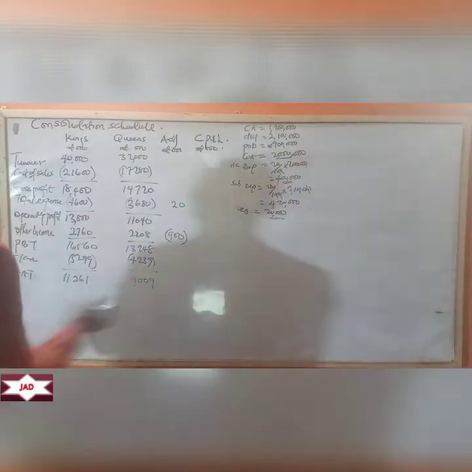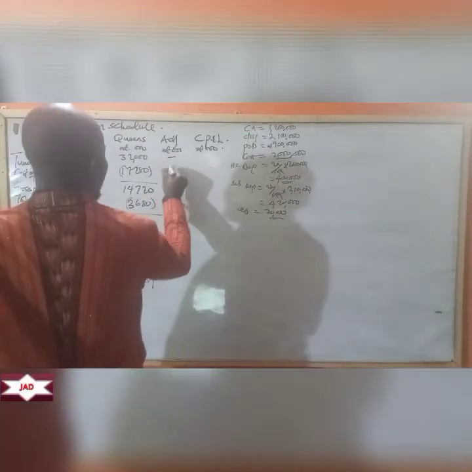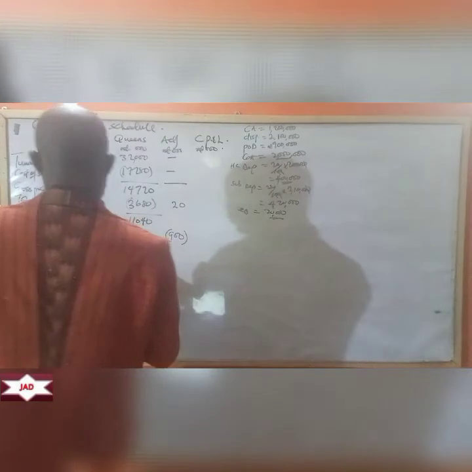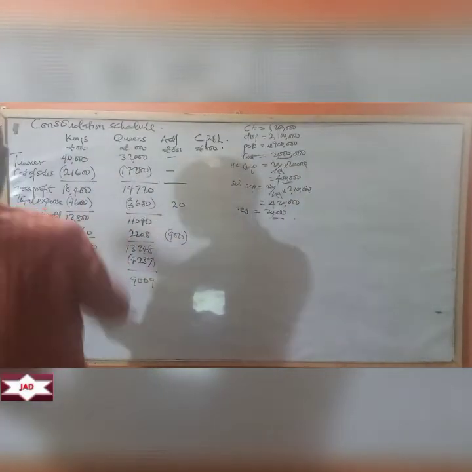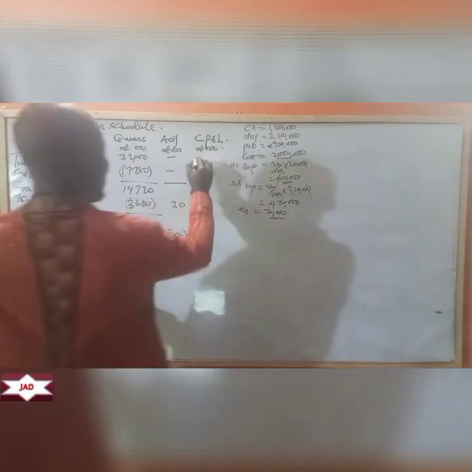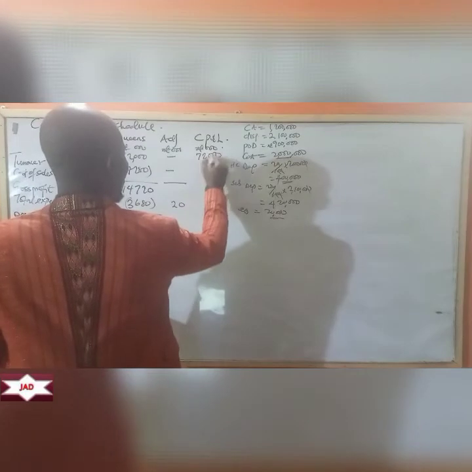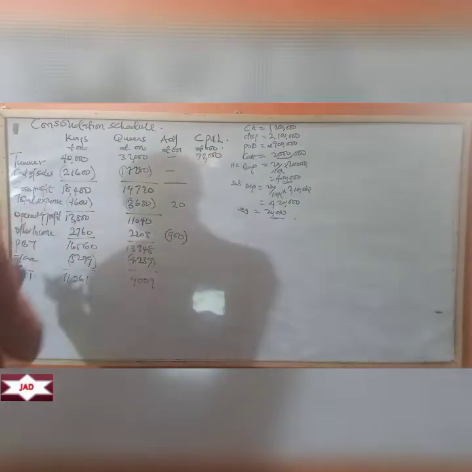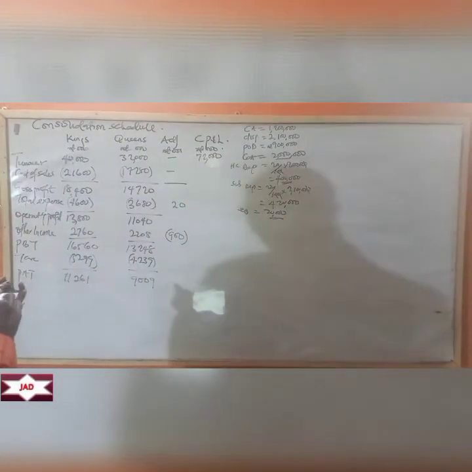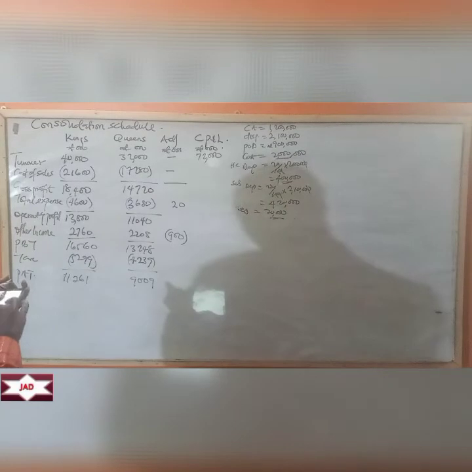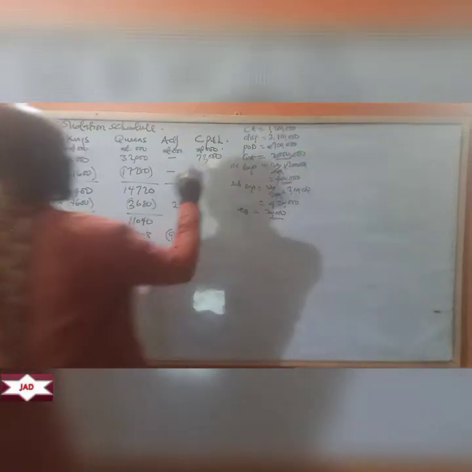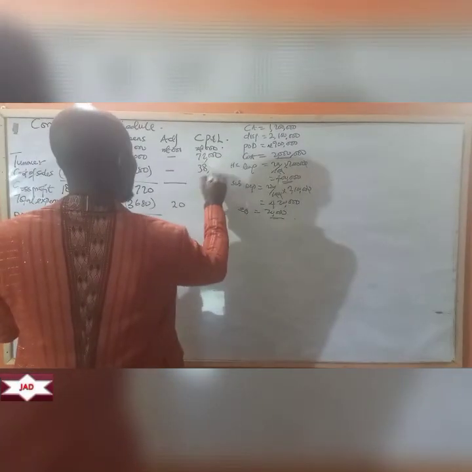So let's consolidate now. There's no adjustment here. So this will be 40 plus 32, so that's 72. This is 21,600. 21,600 plus 17,280 is 38,880.